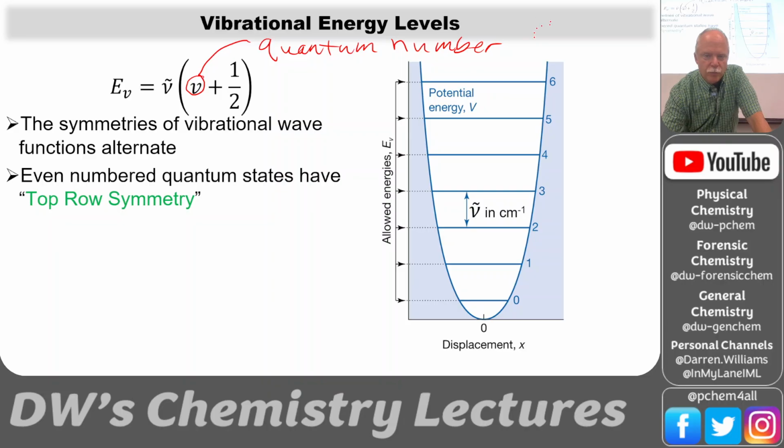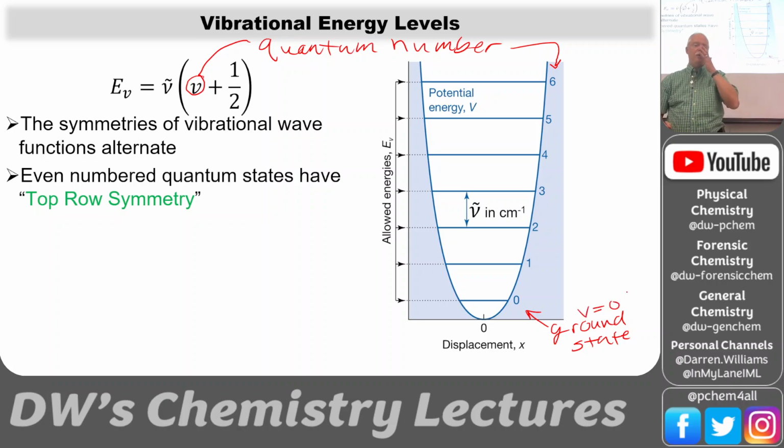And then here they are right here. So V equals 0 is the ground state for vibration. And every even vibrational state is top row symmetry. So I say top row instead of saying A1 because in a molecule like benzene, it's A1g because it has an inversion center.